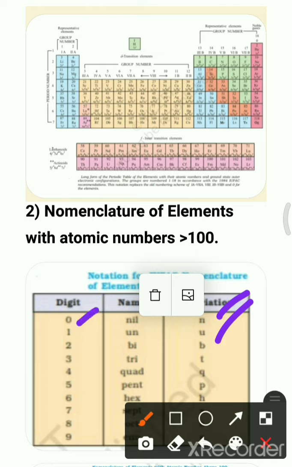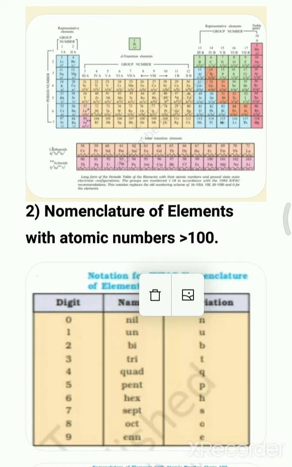For the digit 1, the name is un, abbreviated as u. In the same way, 1, 2, 3, 4, up to 9 is there. This table gives the notation of the IUPAC nomenclature of the elements.